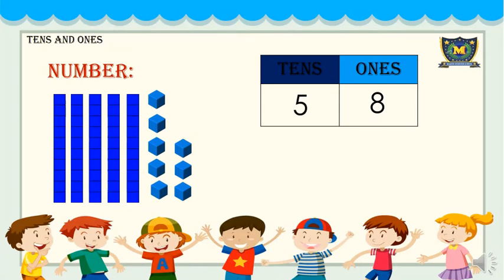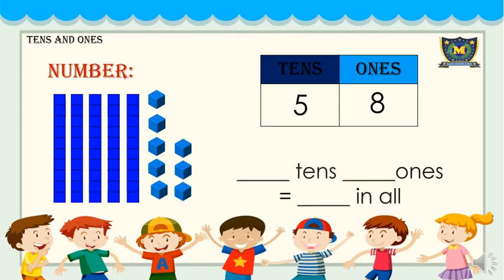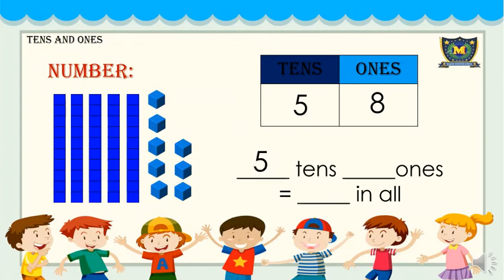Now we add them to know the number. For tens, we have 5 tens, and the value for 5 tens is 50. And for ones, we have 8 ones. If we combine it together, in all, it becomes 58. So the number formed by these blocks is 58. So 58 has 5 tens and 8 ones.